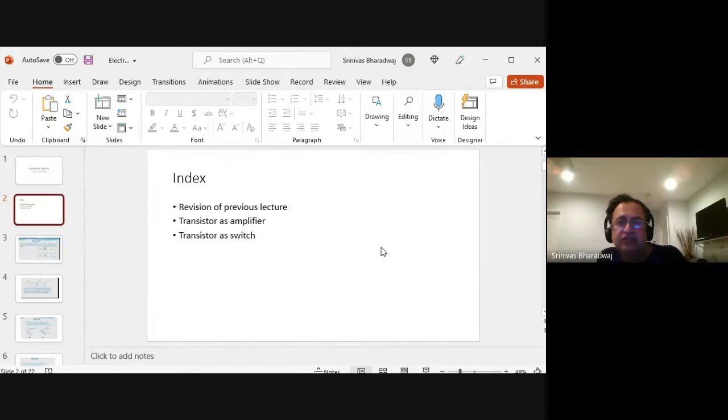CMOS is the most common form of transistor used, and CMOS does not have an exponential voltage to current relationship. Instead, it has a polynomial relationship. CMOS can also be used as an amplifier, but most often CMOS technology is used as a switch.